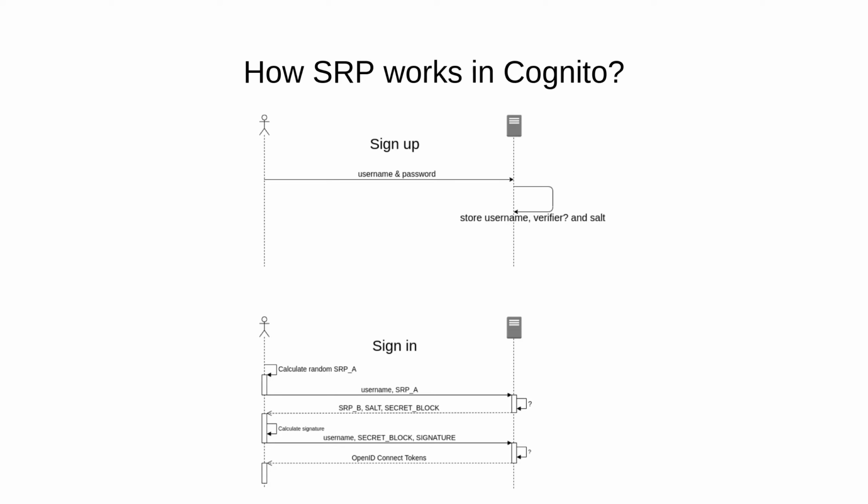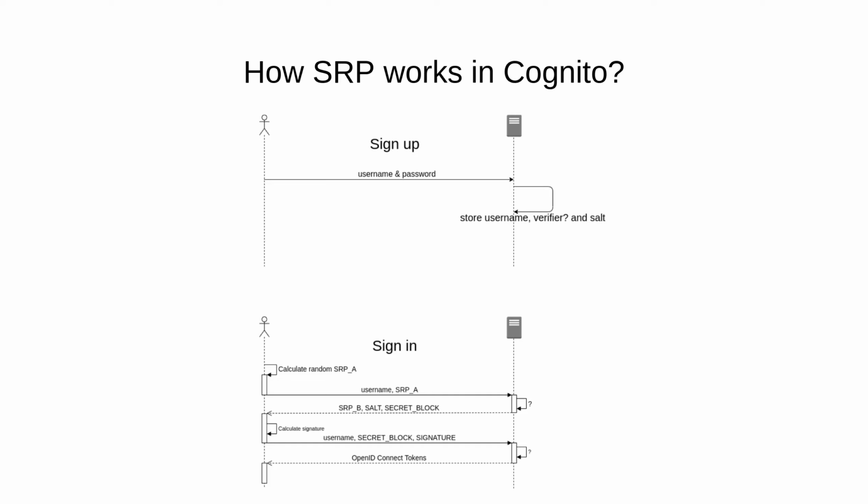Now, if you remember how the standard SRP works, the server then responds with two values, SRPB and salt. Cognito, on the other hand, responds with three values and sends us an SRPB, salt, and a secret block.